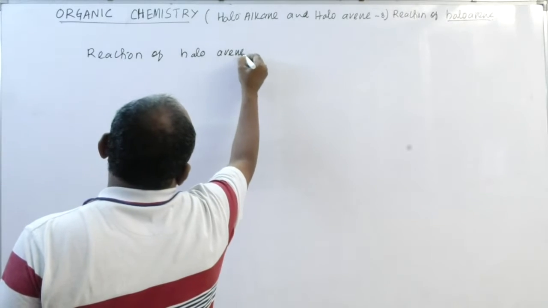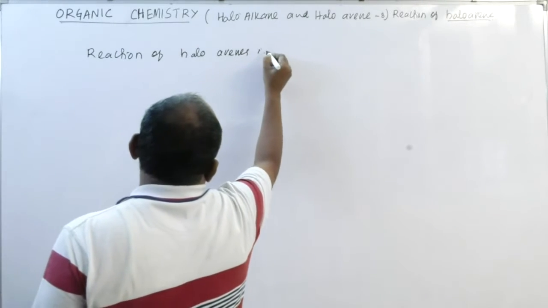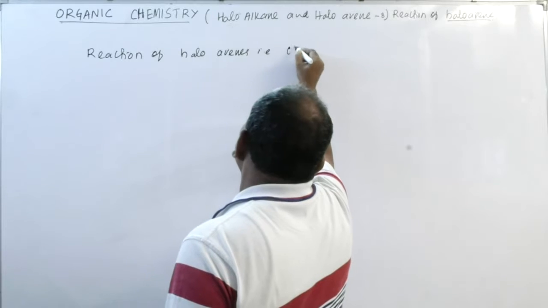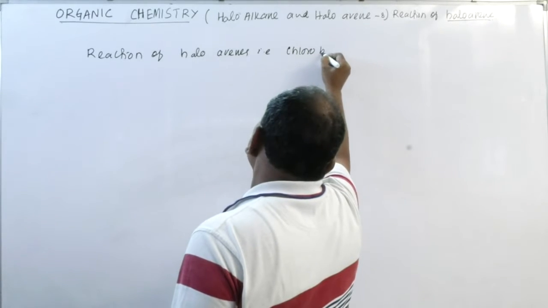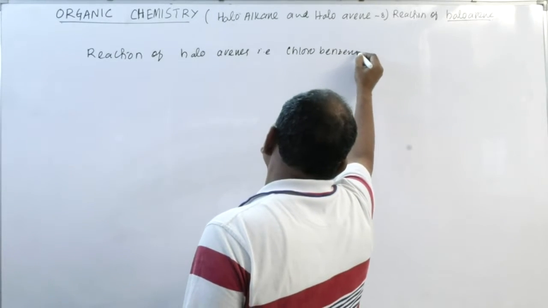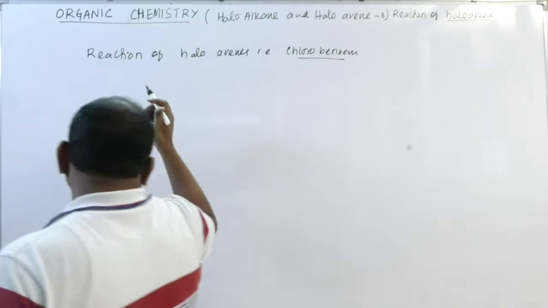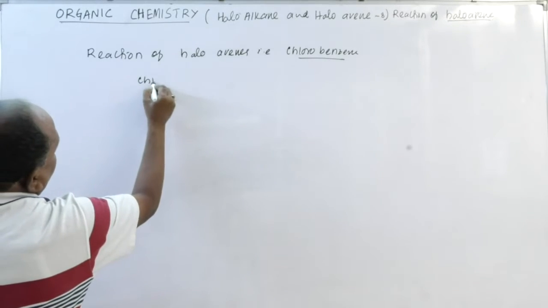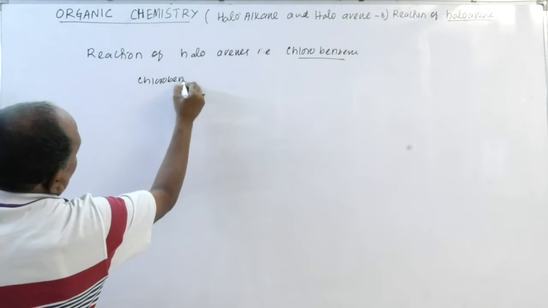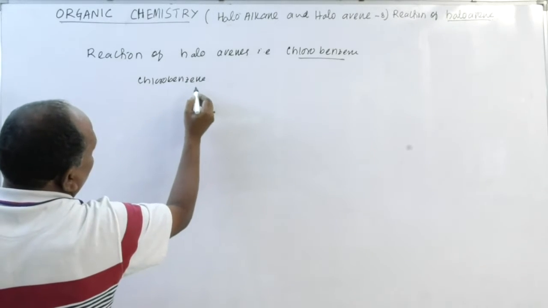Arenes. Let us take the example of chlorobenzene. Chlorobenzene undergoes two types of reaction.